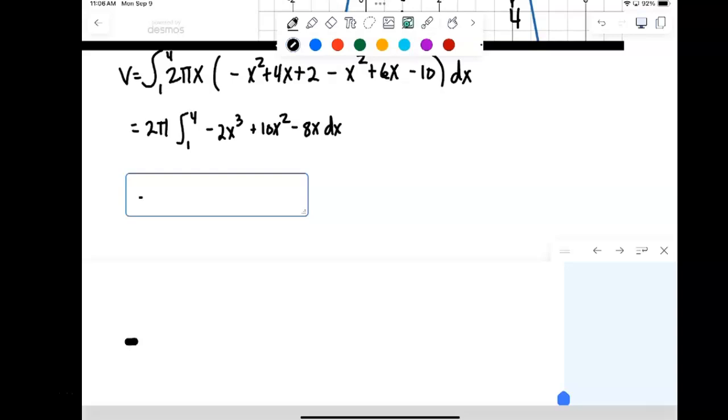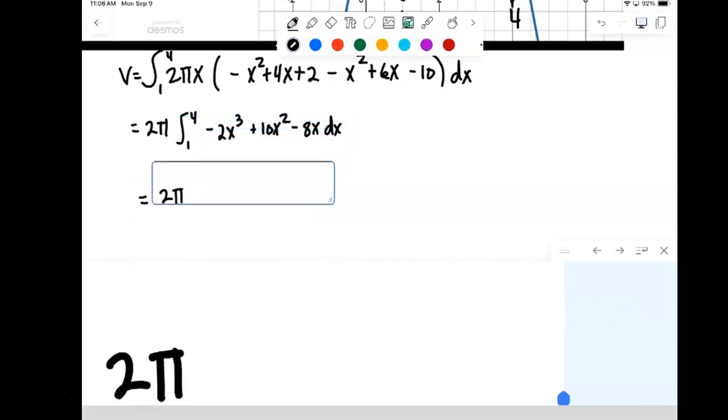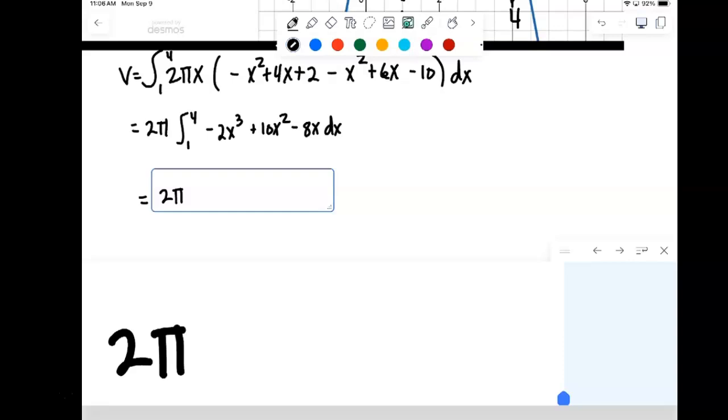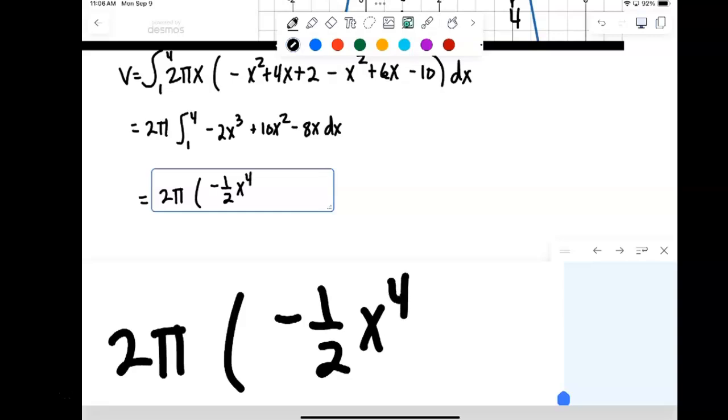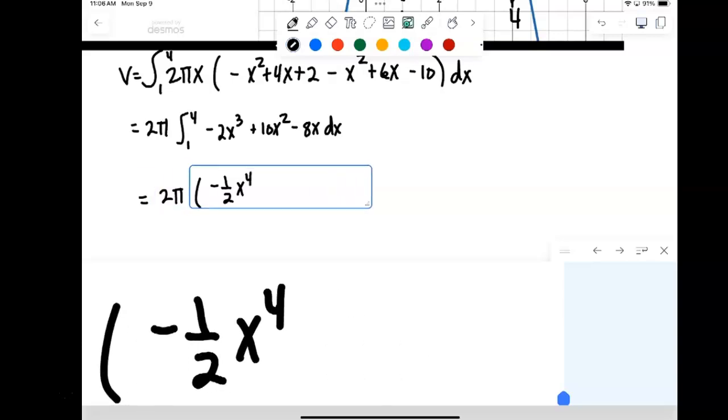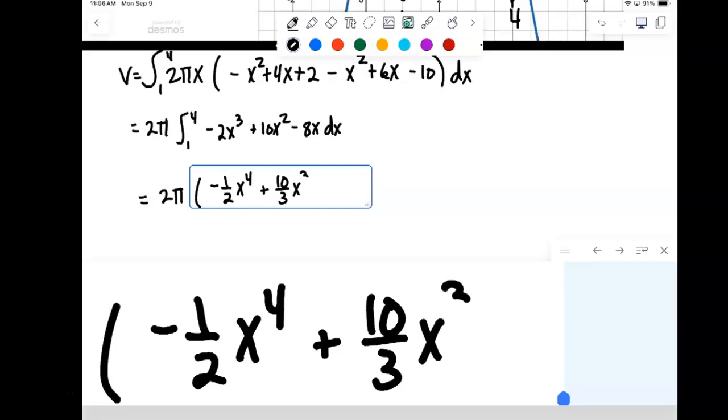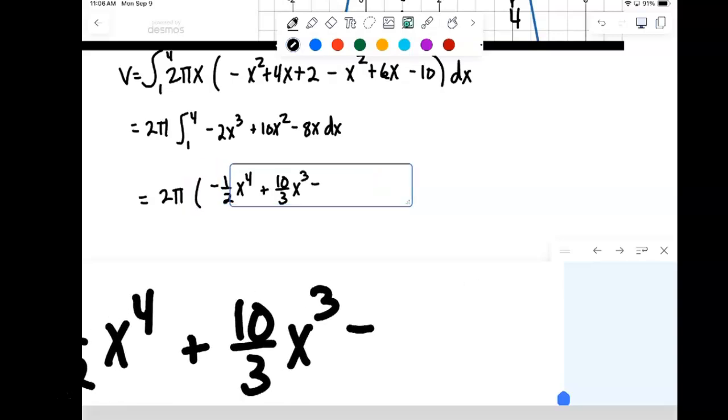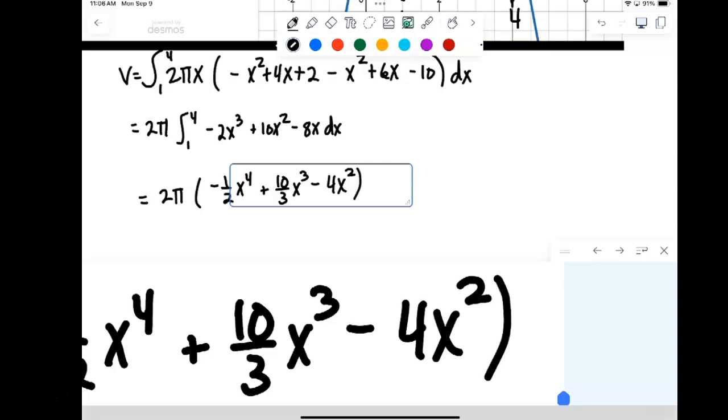And so again, we carry the integration through. Add 1 to the exponent to get 4, so negative 2 over 4 is negative 1/2 x to the 4th. Plus, add 1 to the exponent and we get 3, so that's 10/3 x cubed, minus 4x squared.